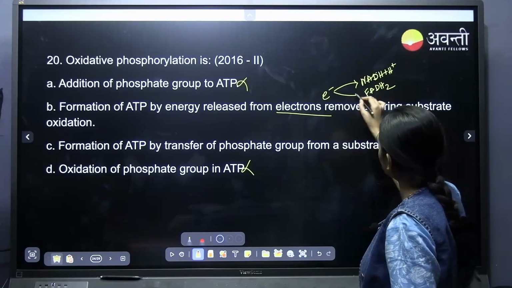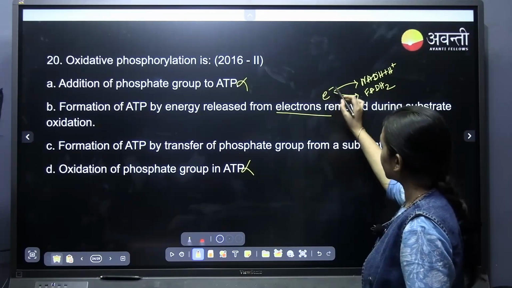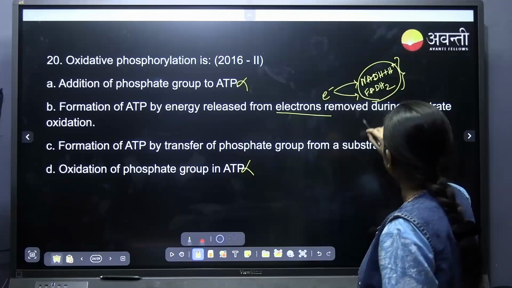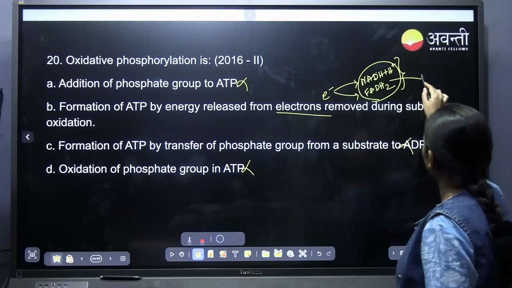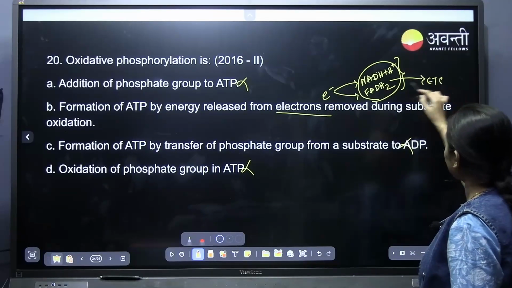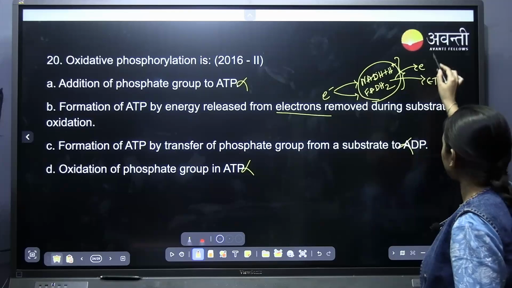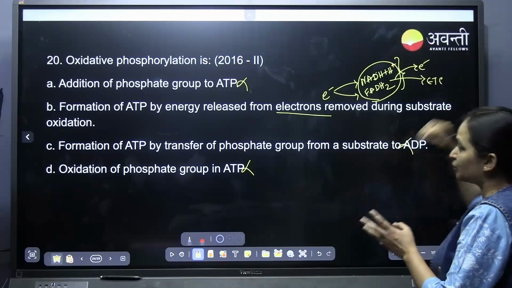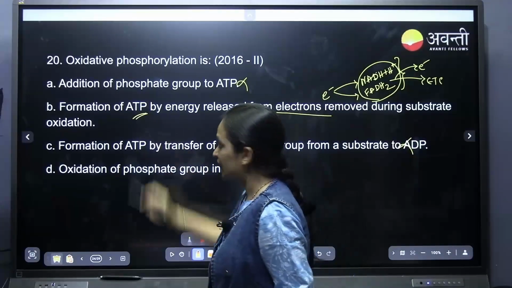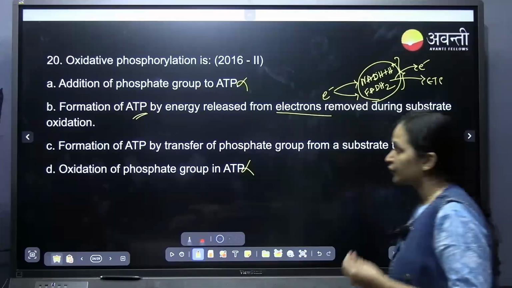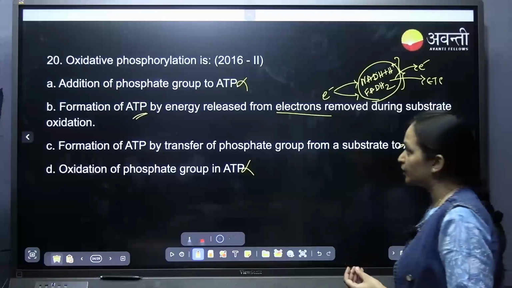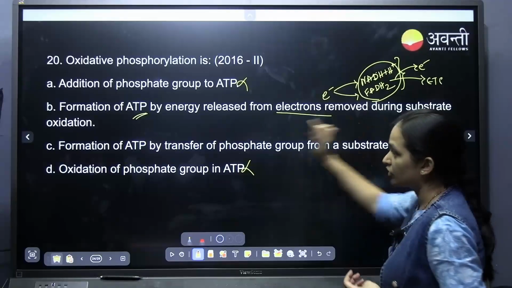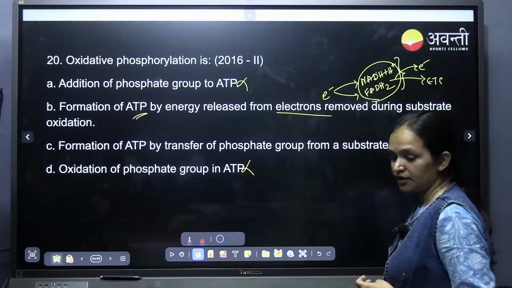Then these underwent the electron transport chain, where they gave up the electrons to the ETC, where ATP was synthesized at last with the help of ATP synthase enzyme. So B is the correct answer, right?